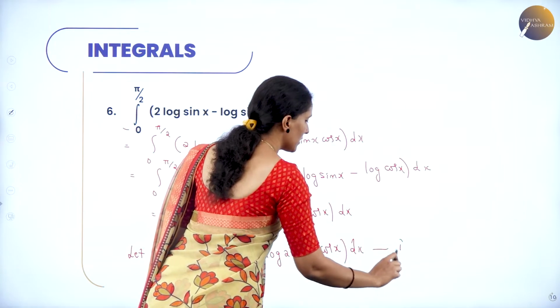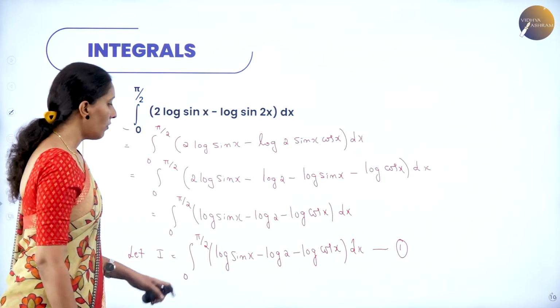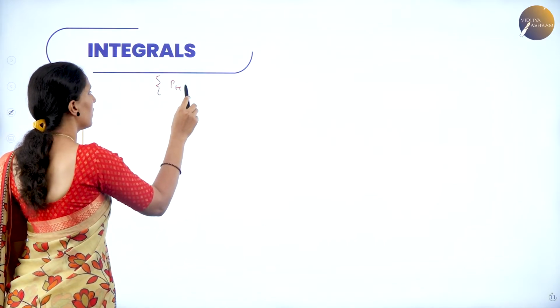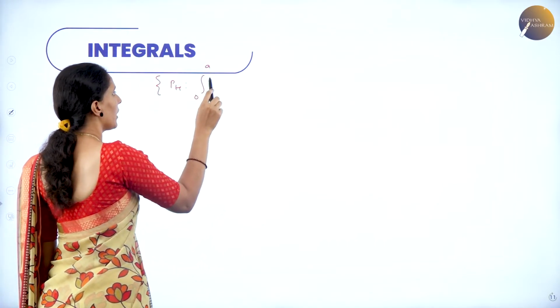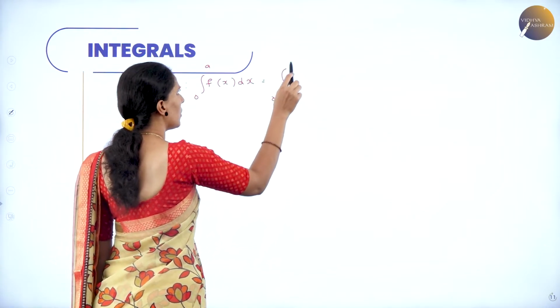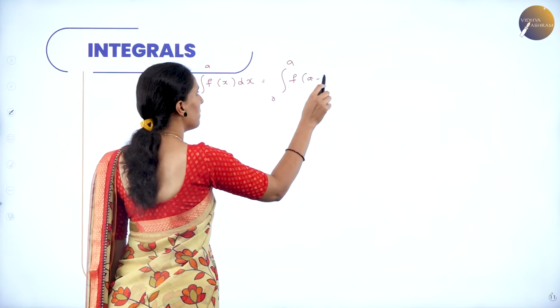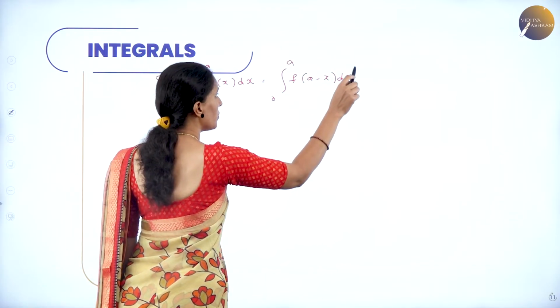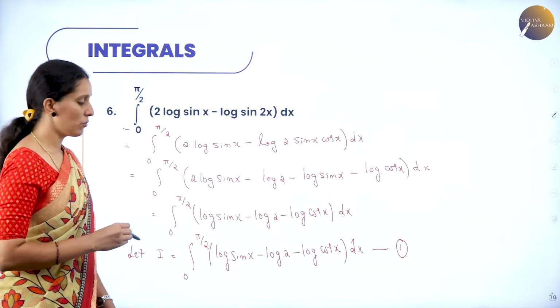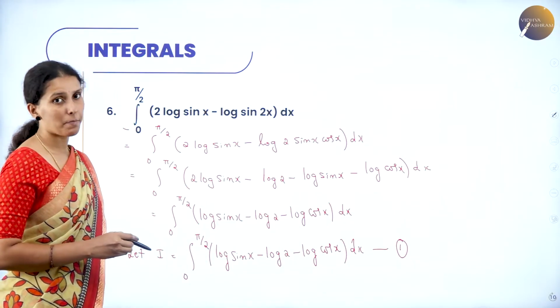So let me take this as equation 1. Now using property 4, we know that is P4, the integral from 0 to a of f of x dx can be written as the integral from 0 to a of f of a minus x dx. So using this property, replace x by pi by 2 minus x because we have the limit as pi by 2.